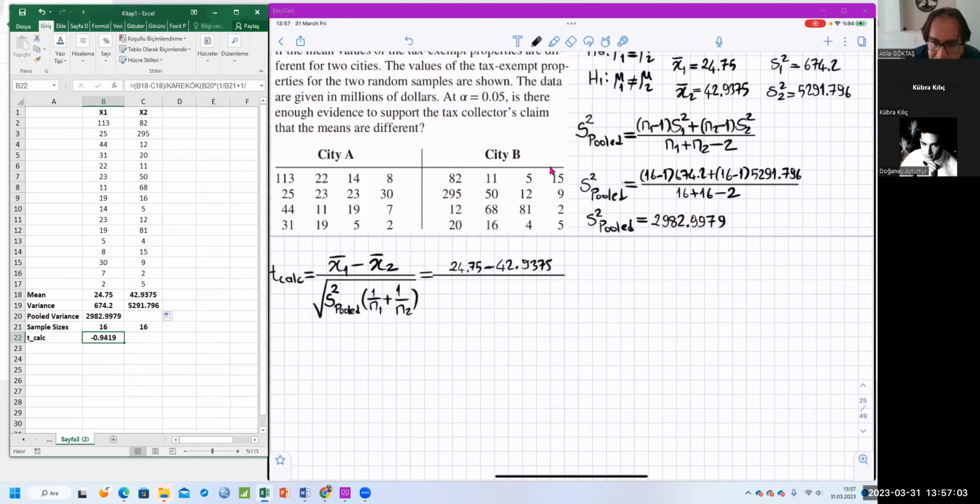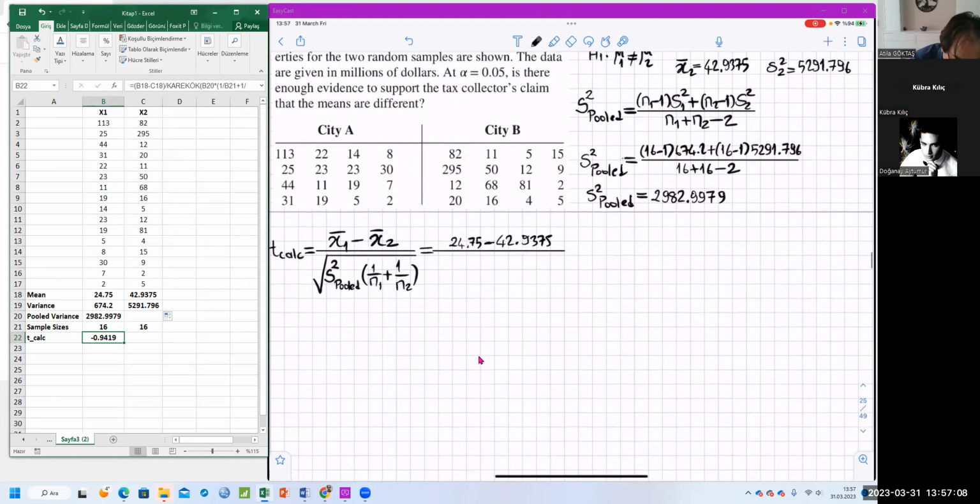Yeah, I have 10 minutes to go, so I'll complete this exercise with you. Okay, look, in practice, if you see for both cities, the tax exempt for city A is $24.75 million. And in the second, the average is $42 million. You can easily tell that there is a significant difference. You can tell verbally, but it's not true.